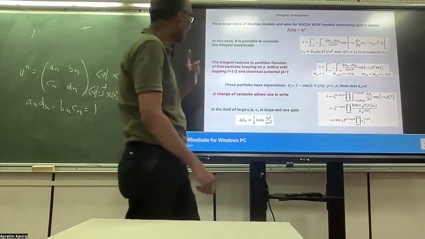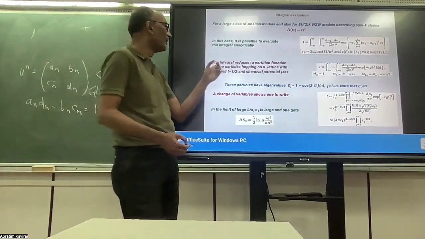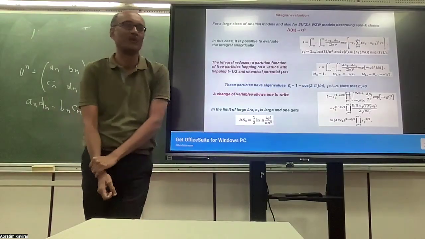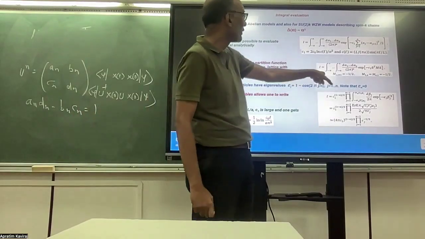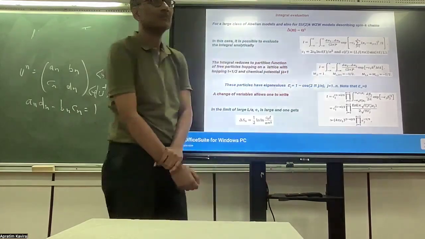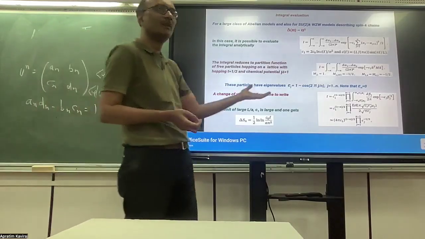Interestingly, me being a condensed matter guy, I must say it in that language, this matrix is free particles hopping on a lattice with hopping half and chemical potential 1, because the diagonal elements of this matrix are all 1 and off diagonal is minus half. These technically are called circulant matrices. Their eigenvalues are all known.